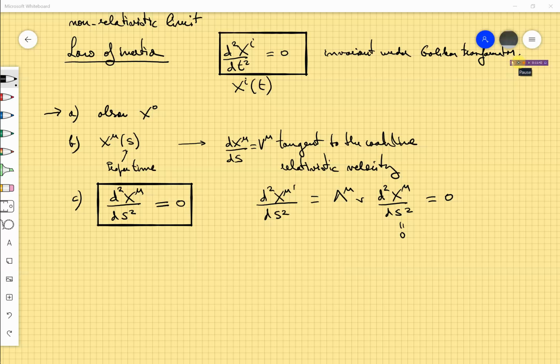So finally, let's see if this expression has the right non-relativistic limit. What happens at small speeds? At small speeds, the difference between the time measured by a comoving observer and the coordinate time is really small. So really S is approximately the coordinate time. This is the time measured by a comoving observer, and this is the coordinate time.